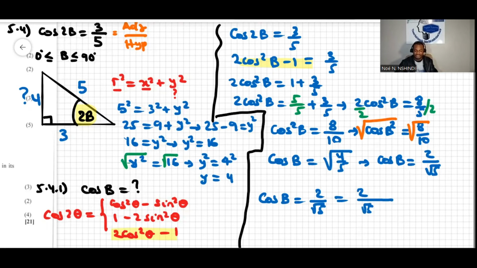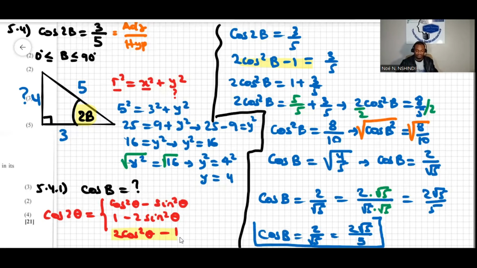You times by √5 to avoid the denominator being an irrational number, and then this is equal to 2 √5/5. So if your answer is cos b is 2 √5, or you leave it like 2 √5/5, they are acceptable. That's cos of b.